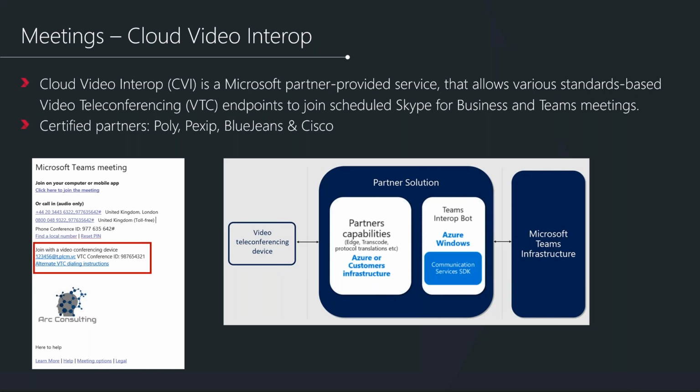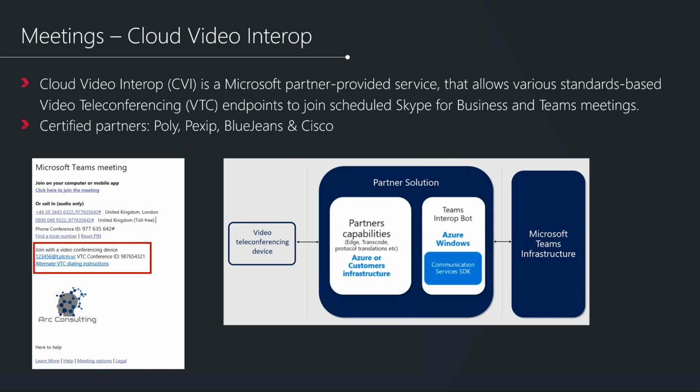So if you have a system already in place, which is SIP or H323 based, that can't natively join a Teams meeting, Microsoft recognized this was a problem. There is a lot of video conferencing equipment out there. It's generally not cheap. So they wanted to provide a way for customers to reuse that investment.